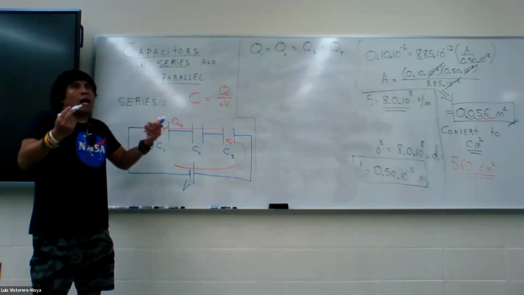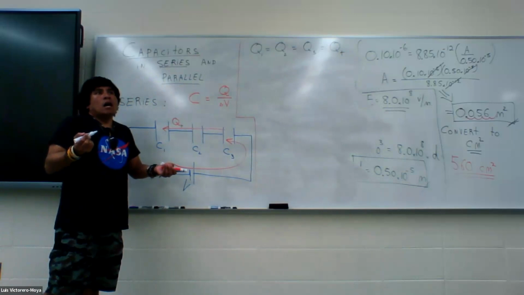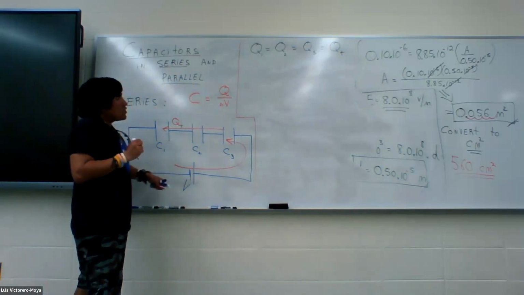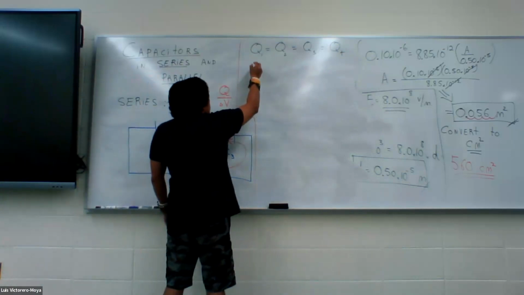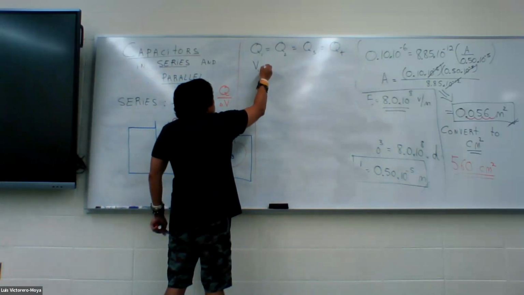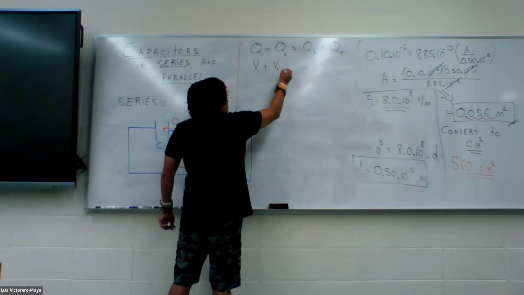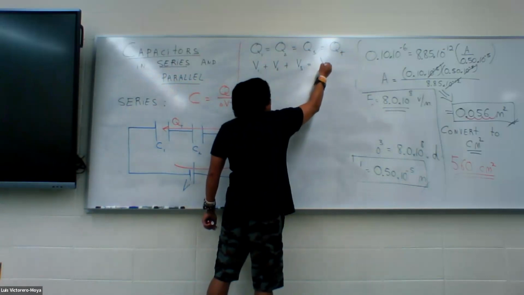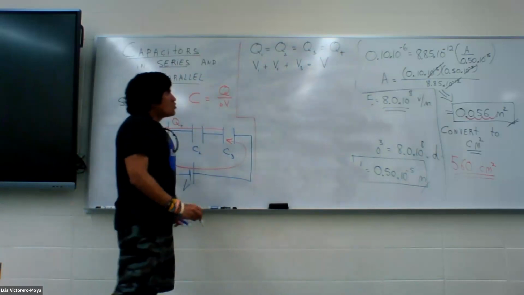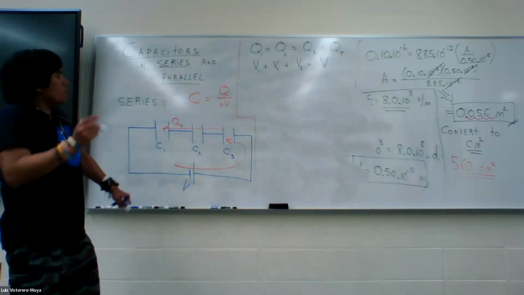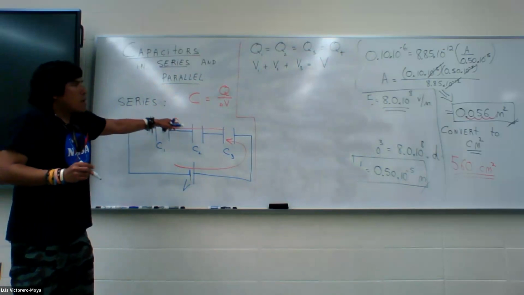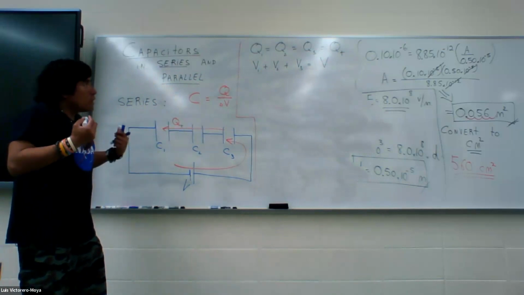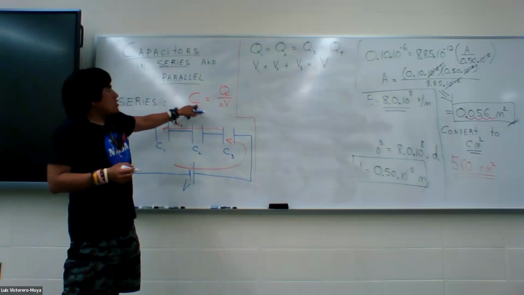So what happens with the voltage, however? By conservation of energy, the voltage on 1 plus the voltage on 2 plus the voltage on 3 is the overall voltage supply. So the voltage is split among each capacitor. Okay, but we have this equation, right?